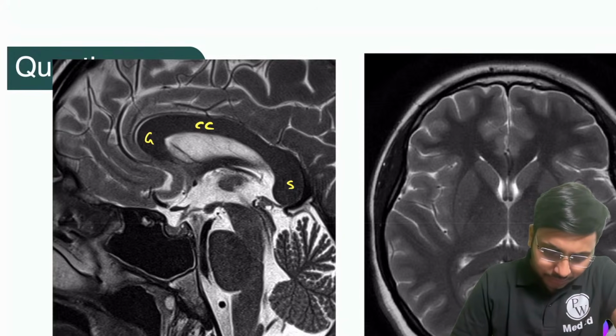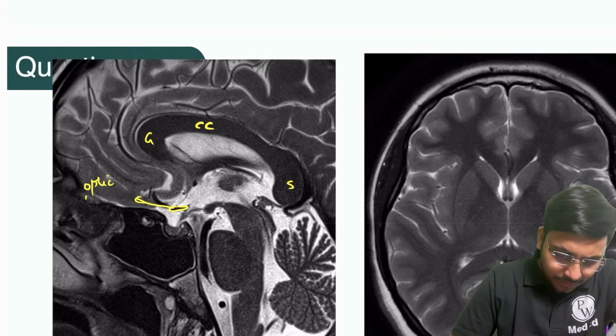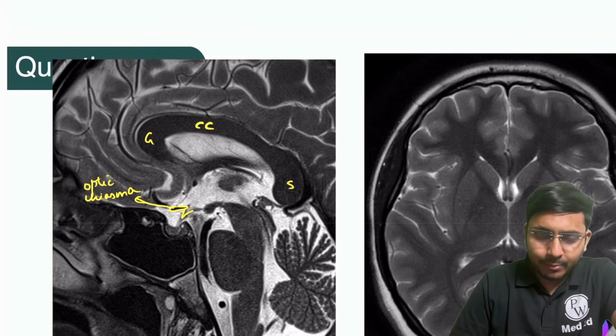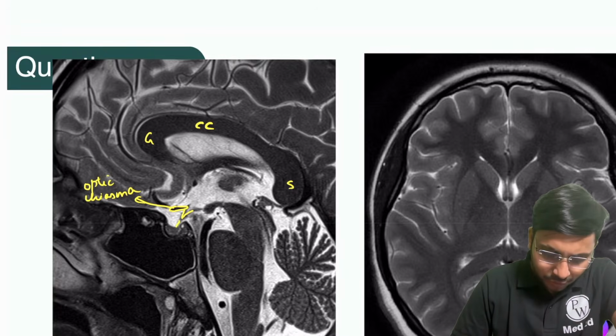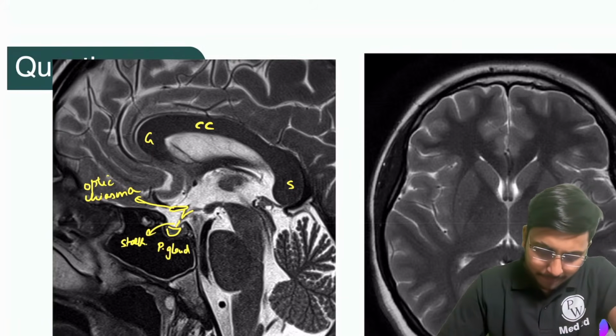What are the other structures? So this part here, this is the optic chiasma, this is the infundibulum of the pituitary stalk, and this is the pituitary gland. This is the stalk of pituitary.